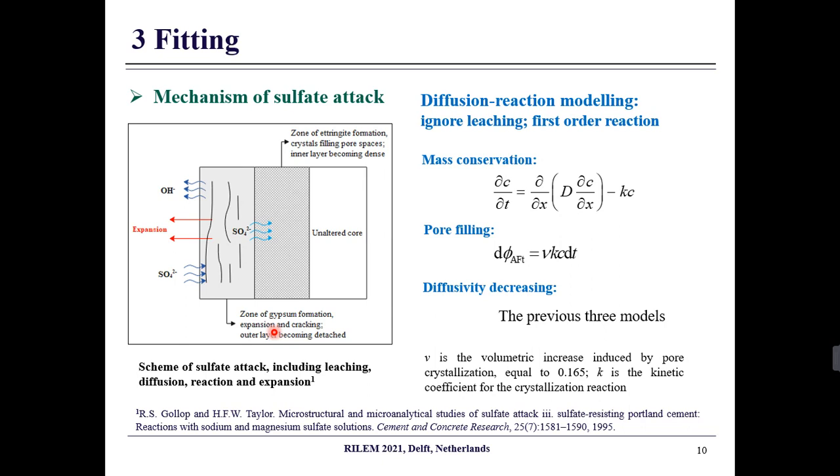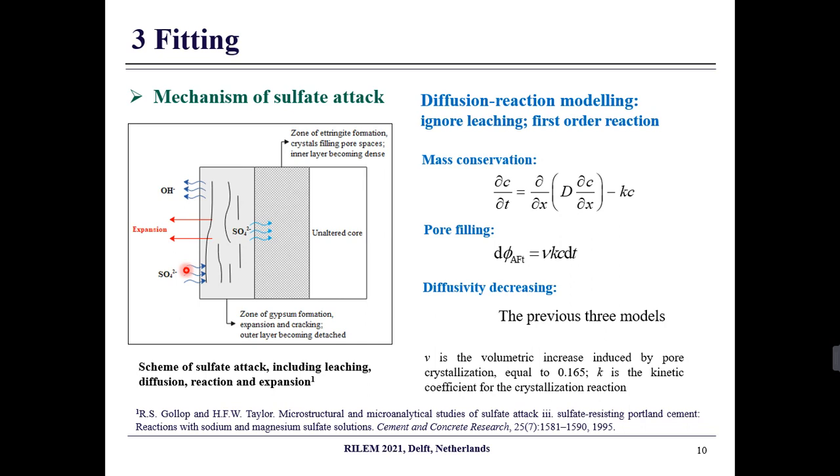Besides, in natural environment, the sulfate ingress is always accompanied by leaching, which has a great influence on the crystallization reaction. So to simplify, we ignore the leaching, assume the crystallization as a first-order reaction, and we just focus on the coupling effect between diffusion and reaction.